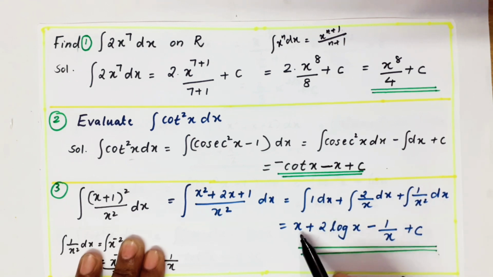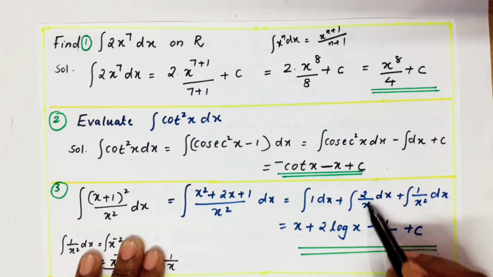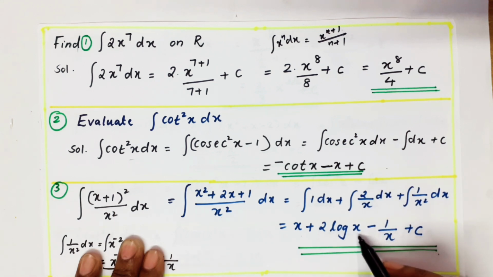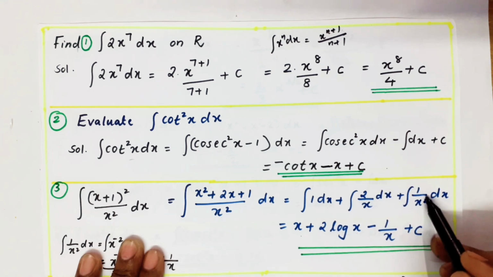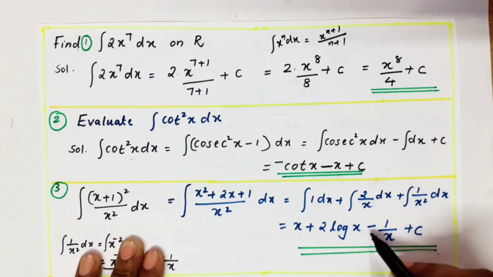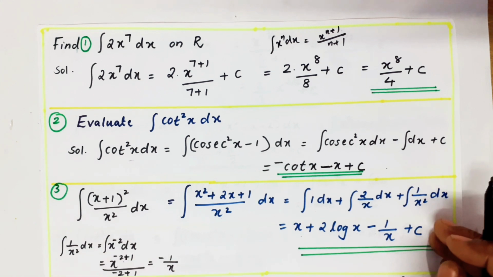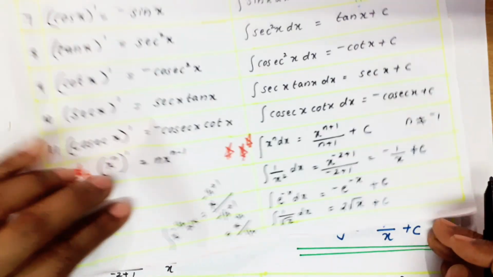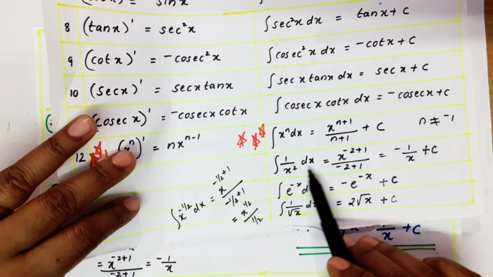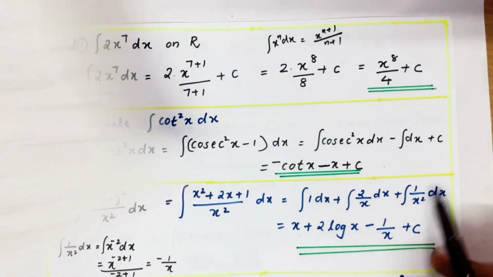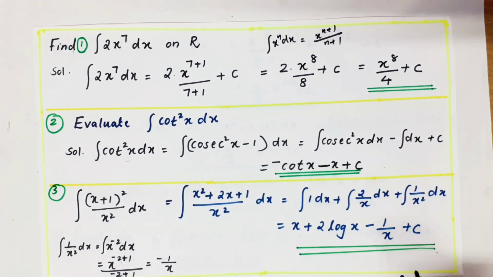Integral of 1 dx is x, plus 2 is constant, integral of 1 by x dx is log x, minus, this we already wrote, integral of 1 by x square dx is minus 1 by x plus c. Because we already did that before. Here I showed you. Integral of 1 by x square dx is minus 1 by x plus c.